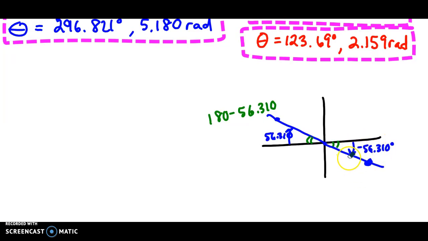So this was negative 56.310 degrees. Going across here, this would be 56.310 degrees away from 180. So if I do 180 minus that value, I get my other answer at 123.69 degrees. And I could do the same thing in radians.